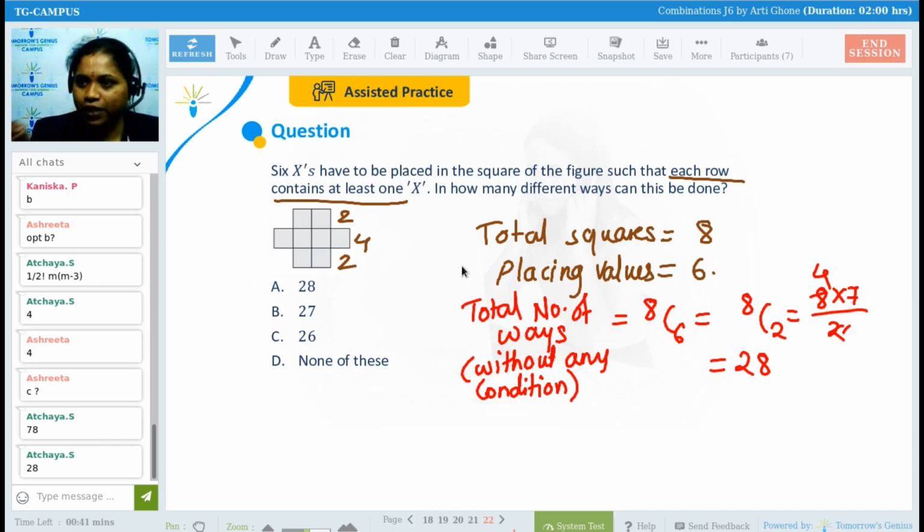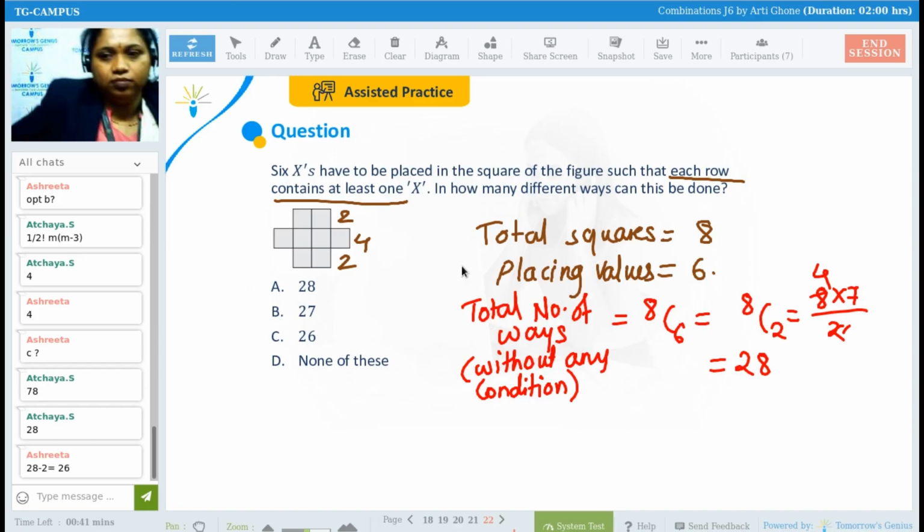So you have to think about the value which will be subtracted. Already I have given the answer 28 for your reference. Now how much is subtracted? Minus 1, minus 2, minus 0, or minus any other number. And if any other number is there, then none of these will be the answer. Got the question?